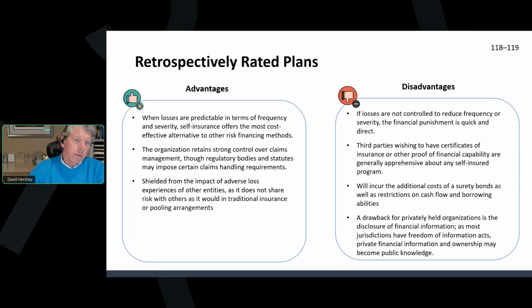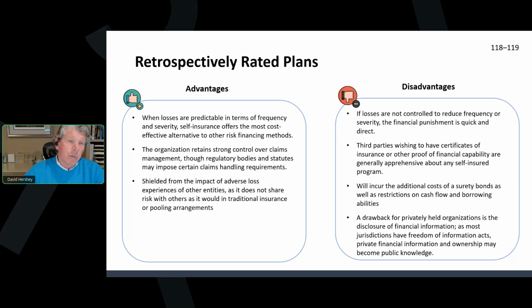So to a certain extent, my rates under a traditional insurance plan are going to be influenced by industry results. If I'm self-insured and I run a good shop, I'm largely going to be shielded from an industry loss that I end up having to contribute to.